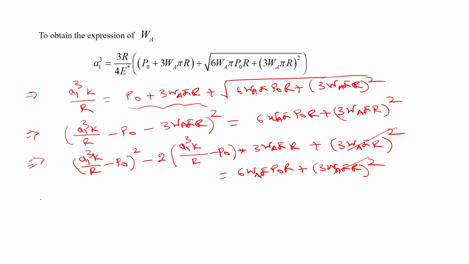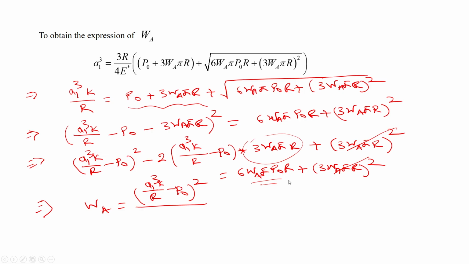So, in a sense what we have is something like this. Now, I have W_A here as A1 cube k by R minus P0 square, and then here I multiply minus 2, so plus 2 P0 into this term. So, that gets cancelled, and I am left with this term.